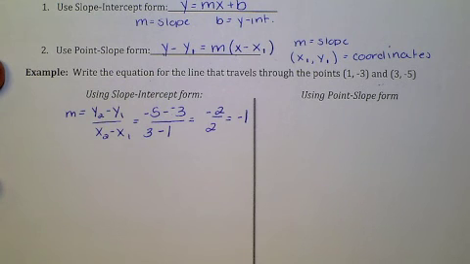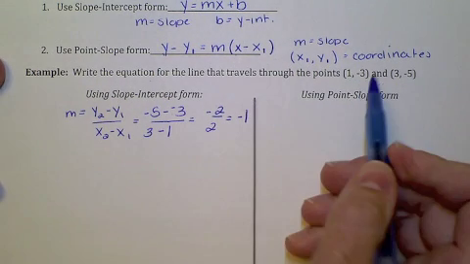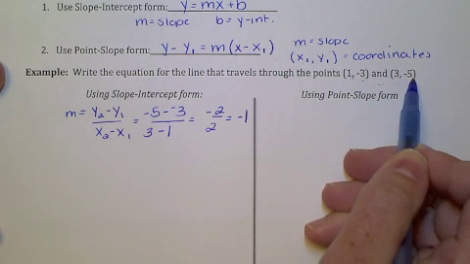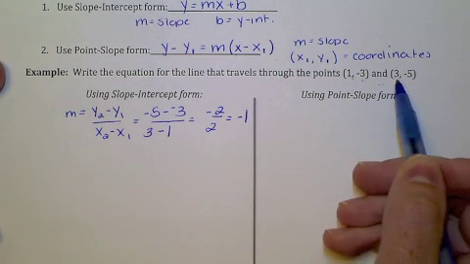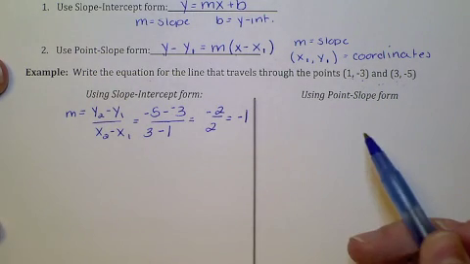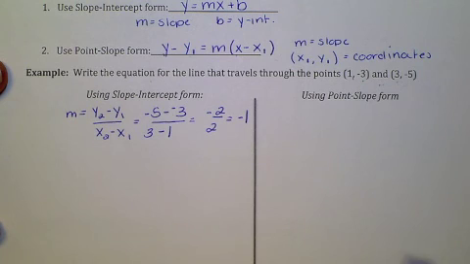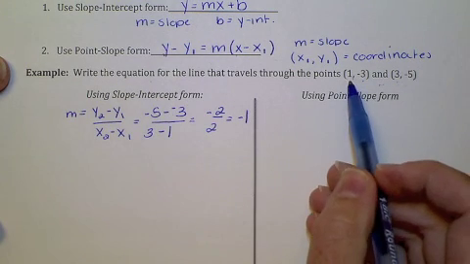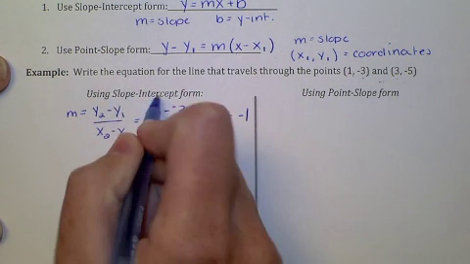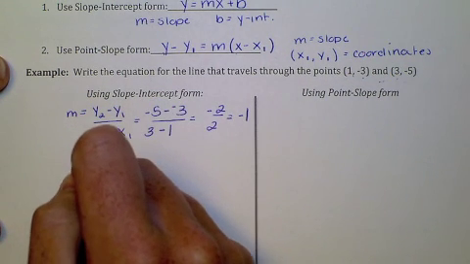I need a point on the line. We have 2. You can pick to either use (1, -3) or (3, -5). If one person picks this point and another person picks this point, it doesn't matter. In the end, your equation will be the same. So let's go with the (1, -3). This says using slope-intercept form, so y equals mx plus b.